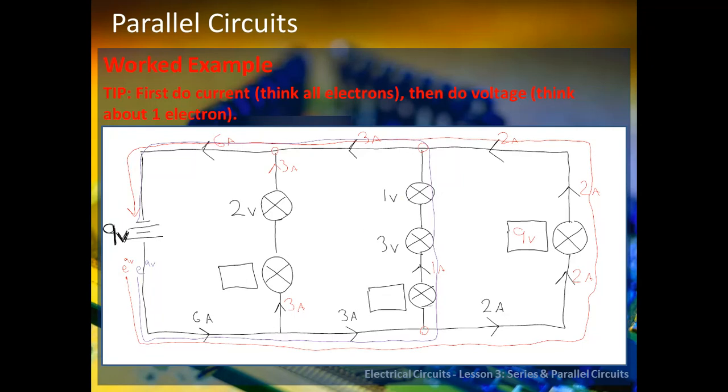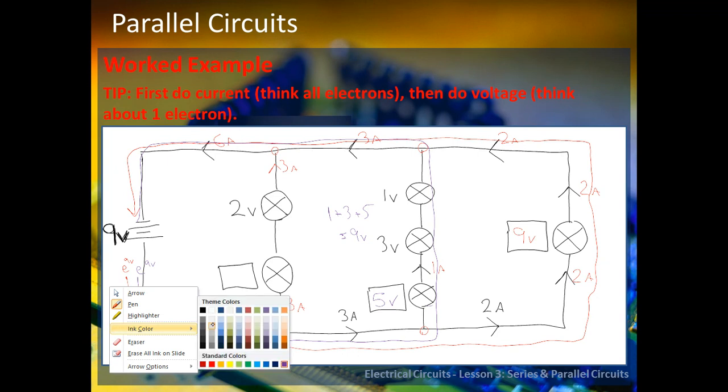So they are the only opportunities to get rid of the 9 volts. So those 3 bulbs on the middle path must add up to the 9 volts. We've already dealt with 3 volts in the middle bulb, 1 volt in the top bulb. So therefore, this bottom bulb must be 5 volts. Because 1 plus 3 plus 5 gives us our total of 9 volts that needed to be used up.